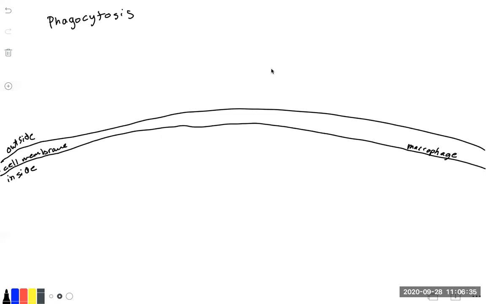So what happens? Well, whenever we get sick, in our extracellular matrix, in this example, we'll be using bacteria. So we have a bacteria that's floating around in our extracellular matrix. Let's put some lipopolysaccharides on there, make them all nasty and sick looking. So that is a bacteria. And that would be our pathogen. So that's what's going to get consumed by our macrophage.